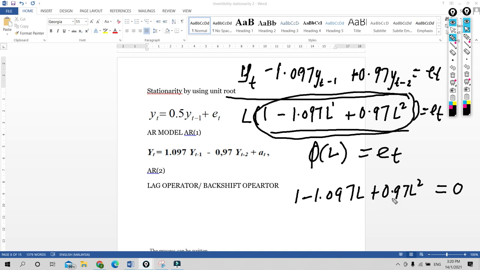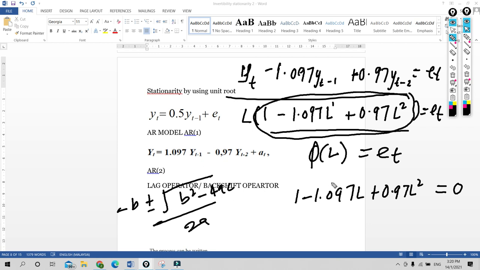Now, it is not a single L; here is a polynomial function or quadratic function. So you need to find L here. You can apply the formula of negative b plus or minus the square root of b squared minus 4ac, over 2a, to solve the function.